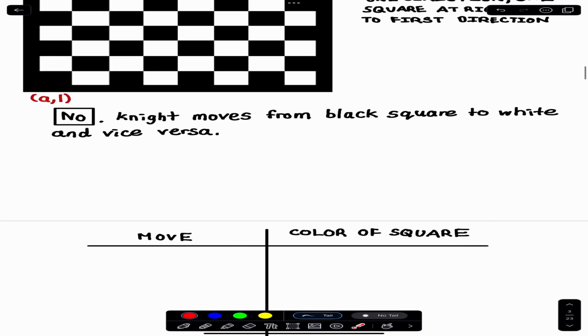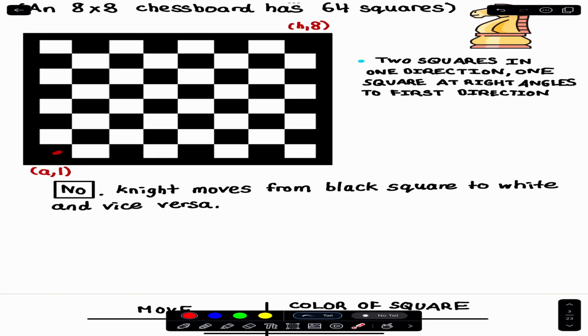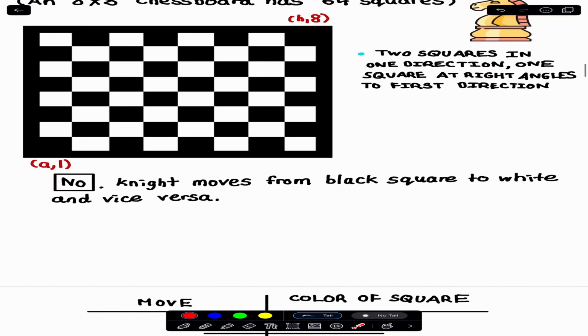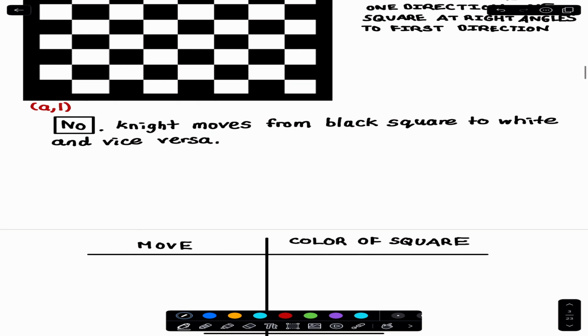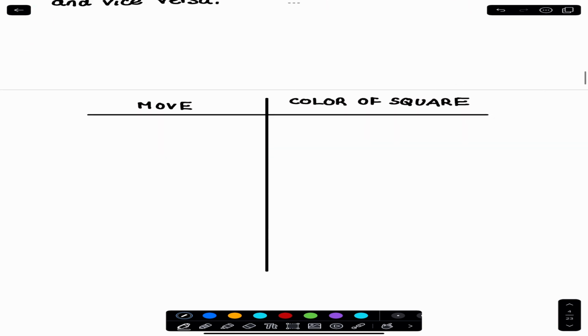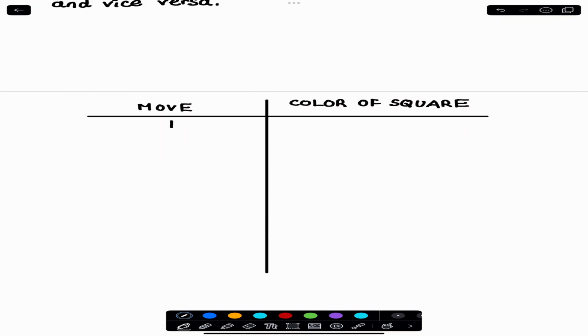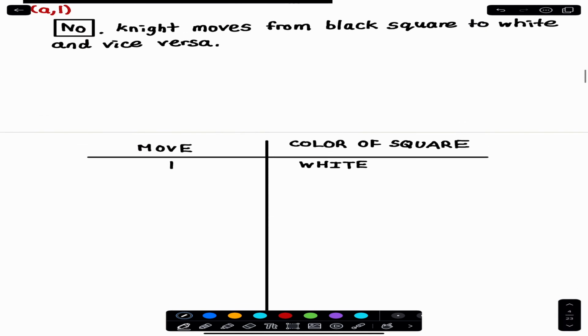So what do I mean by this? Well, if we start on A1, what I mean is after move number 1, we will be on a white square. So that's exactly what I mean by this. So after move 1, the color of the square that we're on is white. Okay.